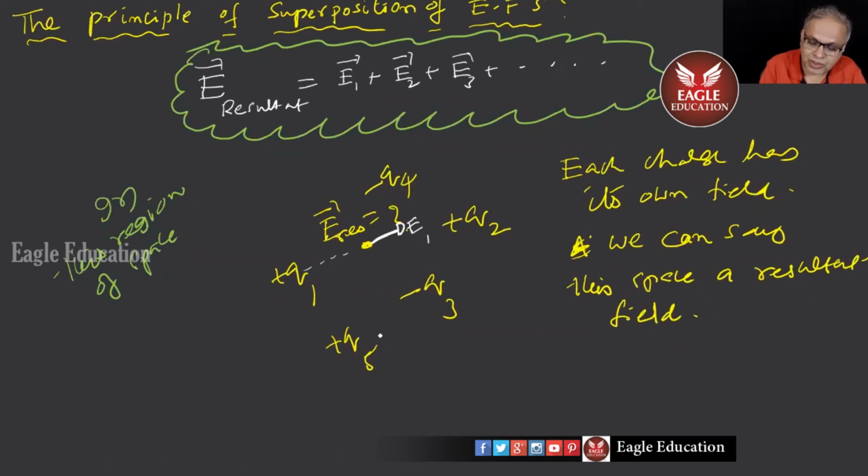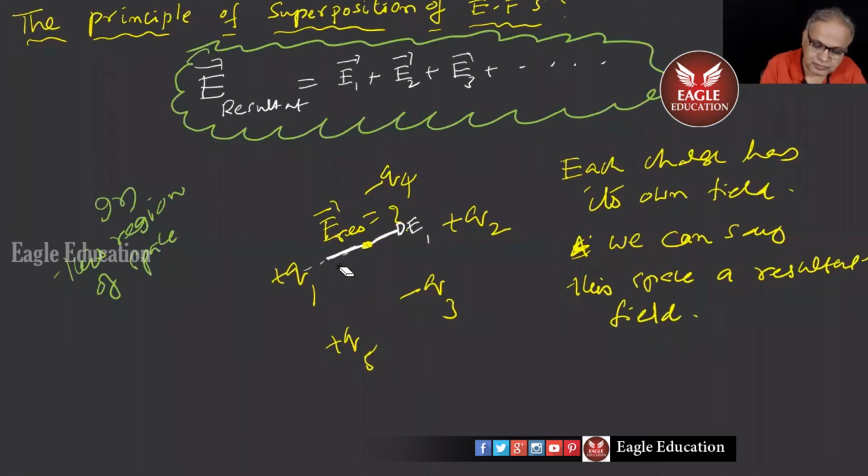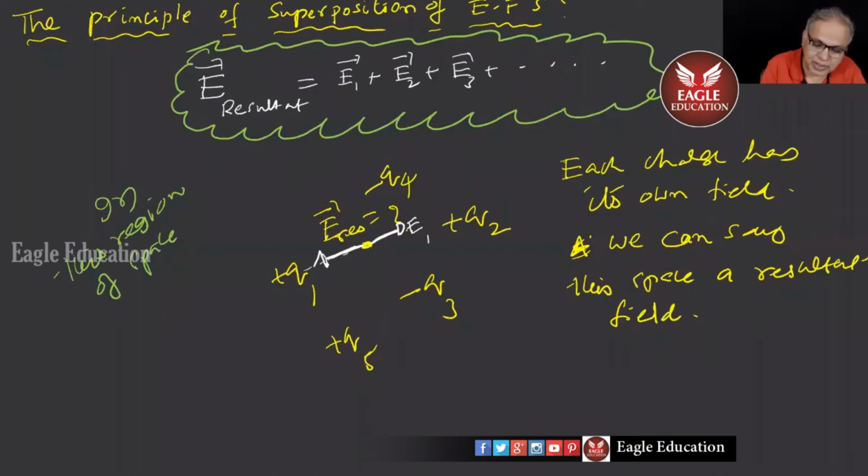And where is Q2 here? This Q2 has which way the field? Away from it. Okay, this way only, doesn't matter. It should be radially away. This is my E2. And where is my E3, children?